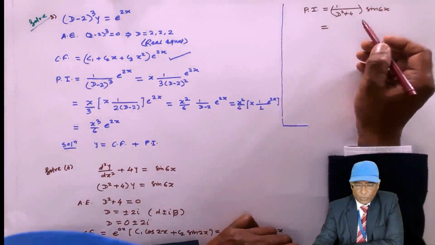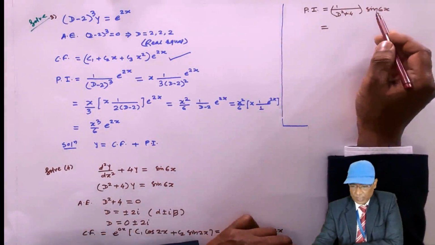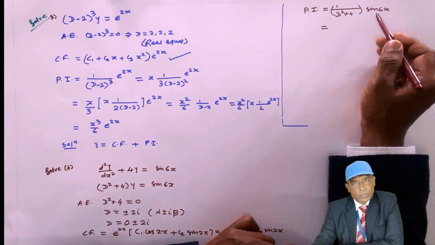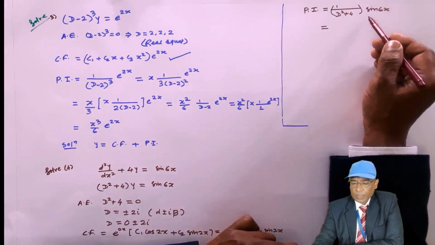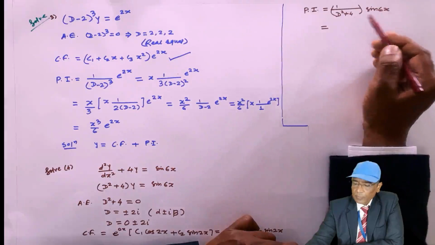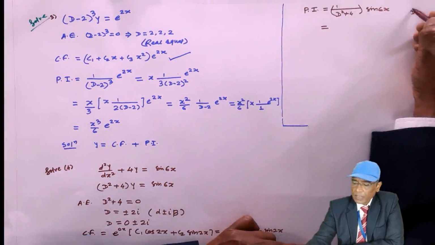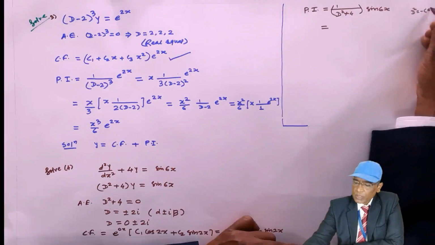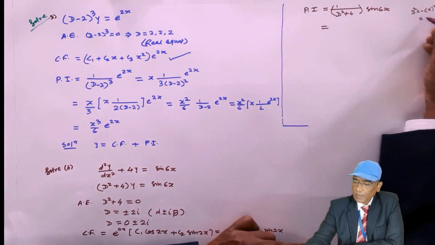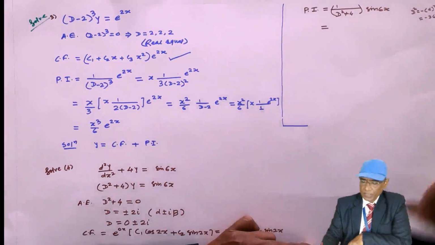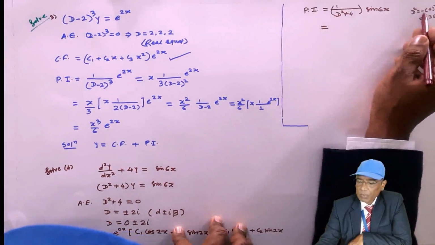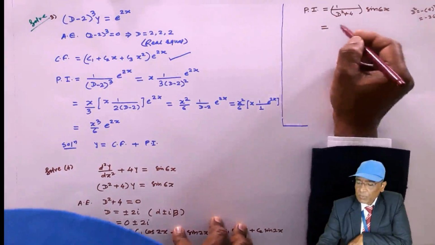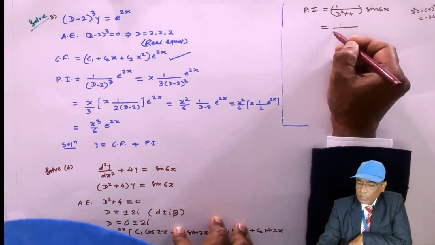When we operate on sine or cos function, particularly sine ax or cos ax function, in that case, replace D square by minus a square. a is 6 here. Okay, 6 square is 36, with minus sign. Replace D square by minus 36. But if you replace D square, then you should not get 0 in the denominator.